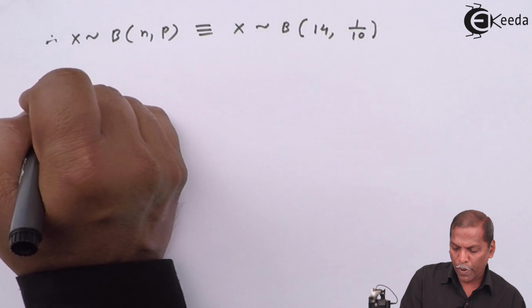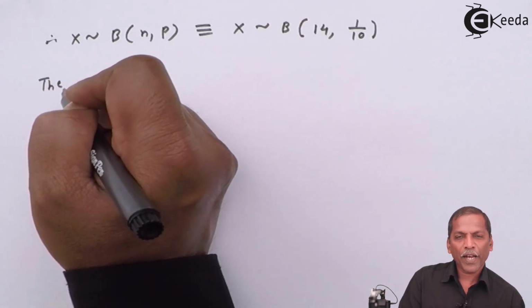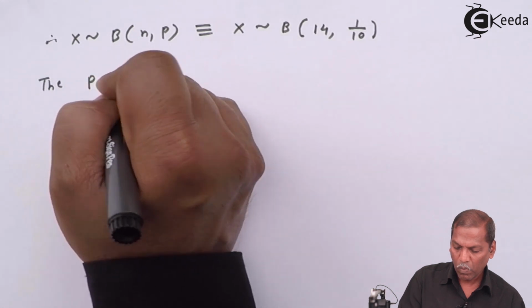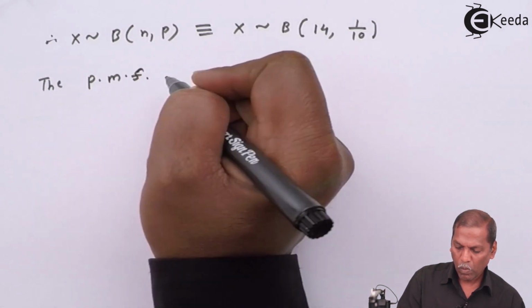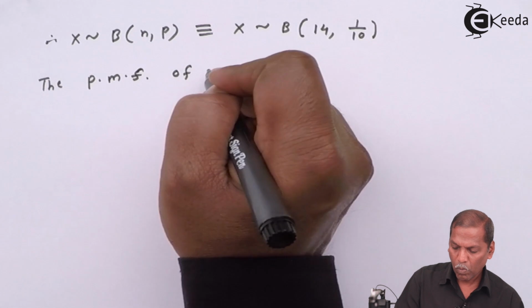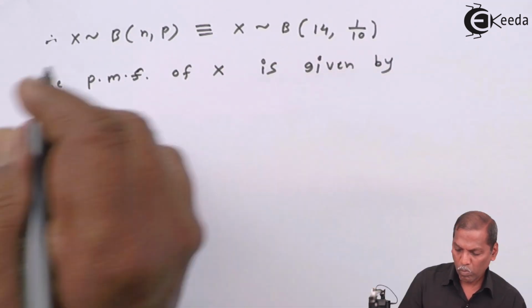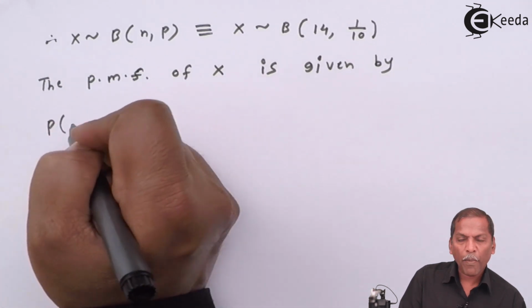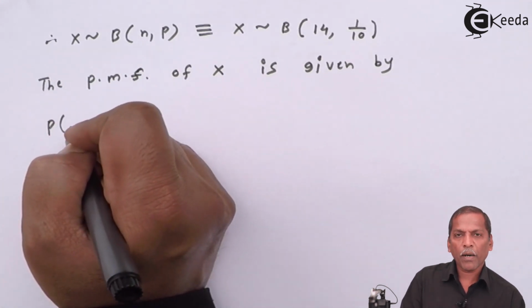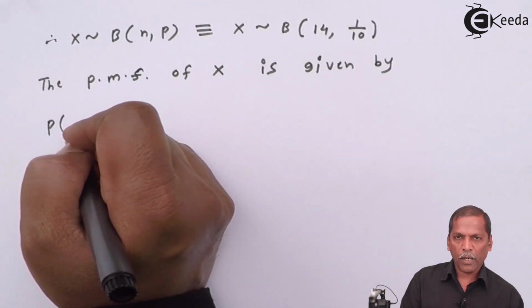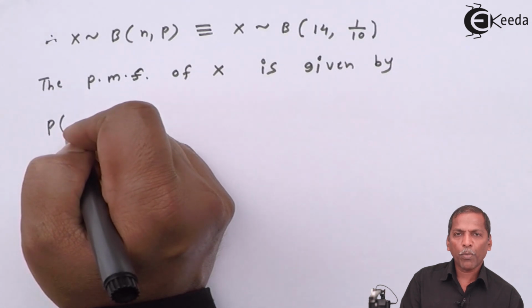Then the probability mass function of X is given by probability X equal to r is equal to nCr into p raise r into q raise n minus r, where r takes values 0, 1, 2, 3 up to 14.